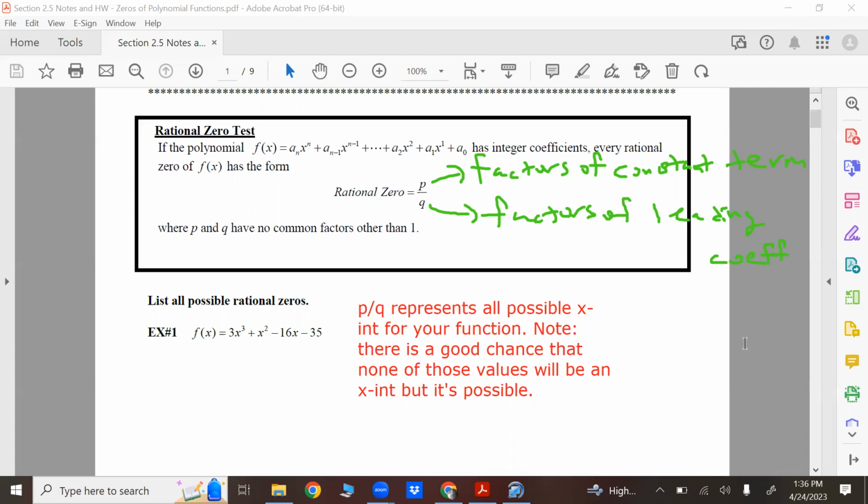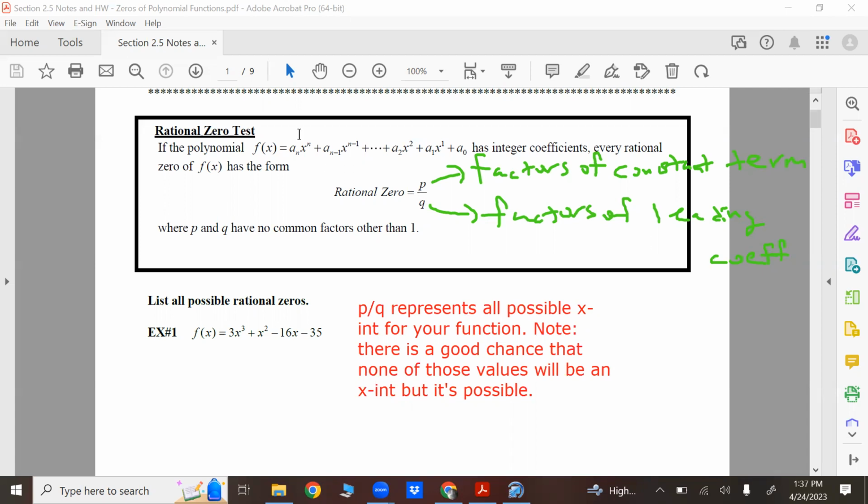There is a chance that when you list all the possible x-intercepts, it may not work. But it's a theorem that does work in the sense that when you do find x-intercepts that are rational zeros or rational numbers, they will be part of that list.